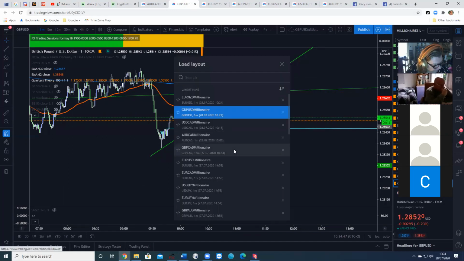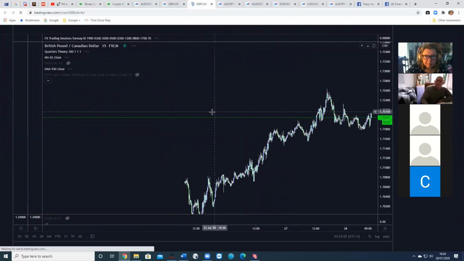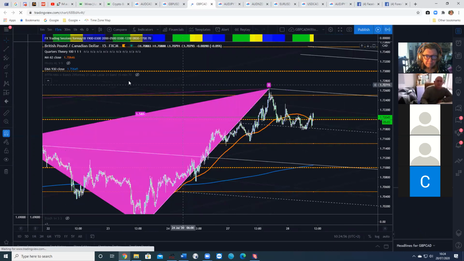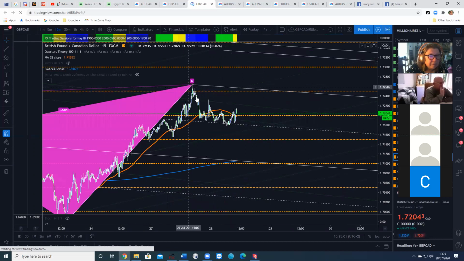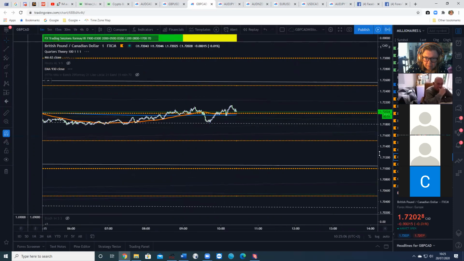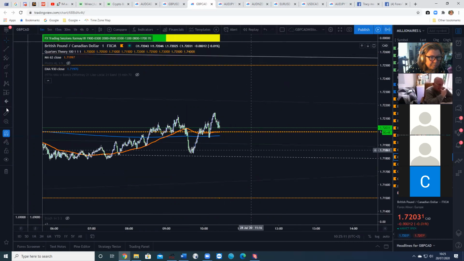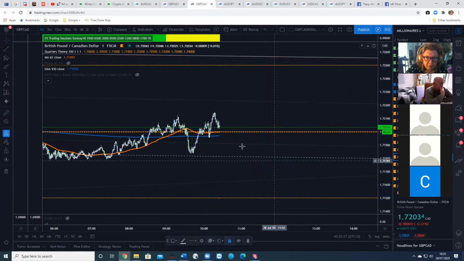GCAD. I think this was this shark yesterday, and let's go on the 1 minute. So you've got 75 on the pitchfork leg, so you can take a quarter theory trade.